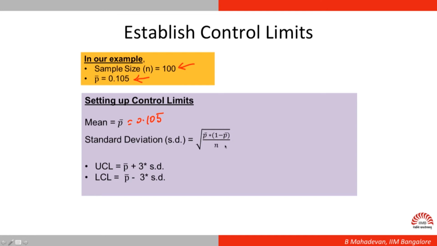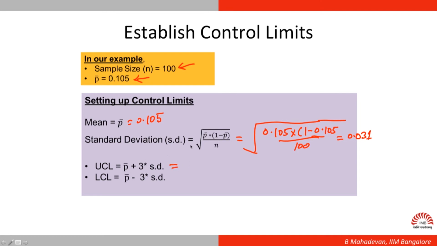So, let us compute that: the square root of 0.105 times 1 minus 0.105 over 100. That number turns out to be 0.031.